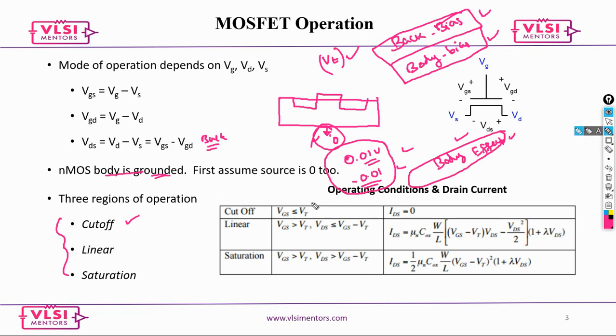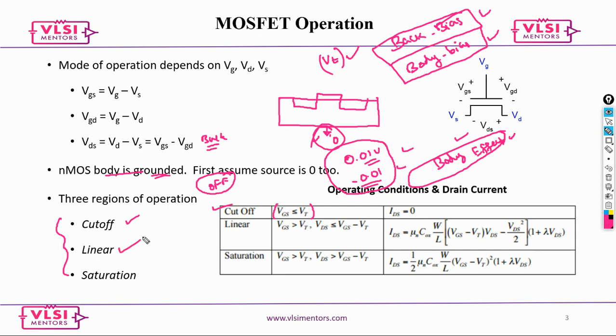When this is the scenario, it is said to be in cutoff, and the transistor is said to be in off mode. It is off because the gate supply has not crossed the threshold voltage, which means you are not expecting the transistor to be turned on. So that is the off state.